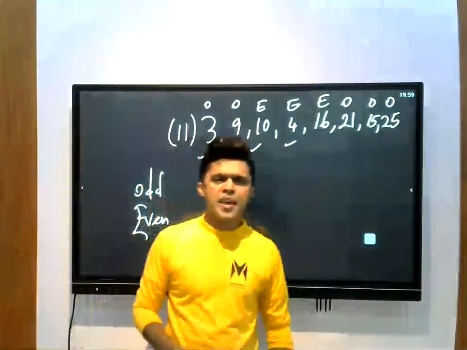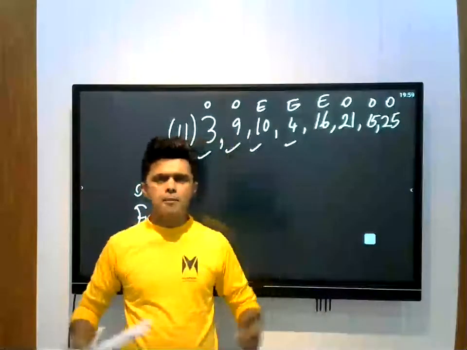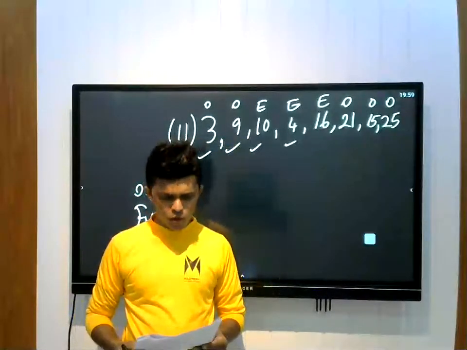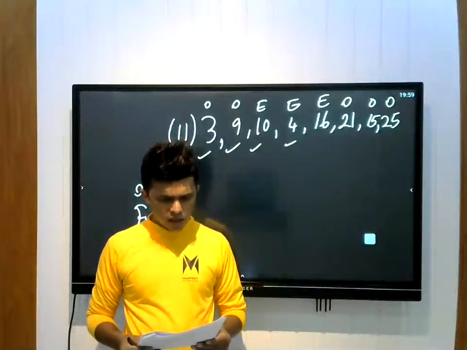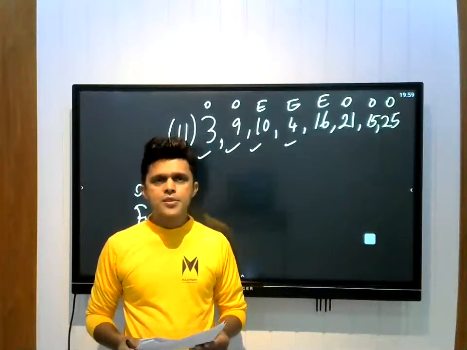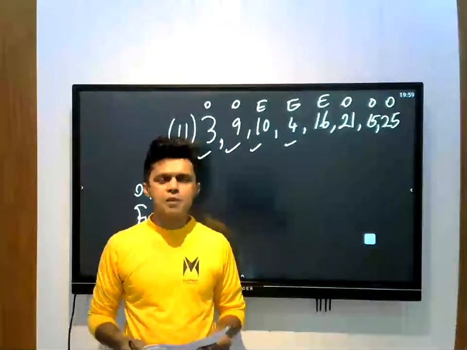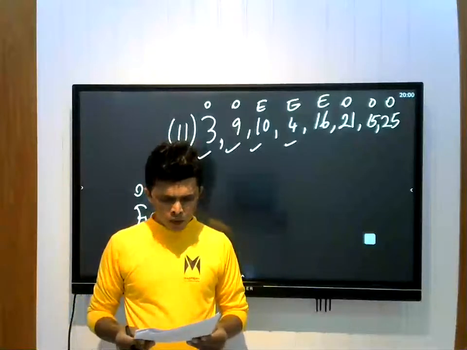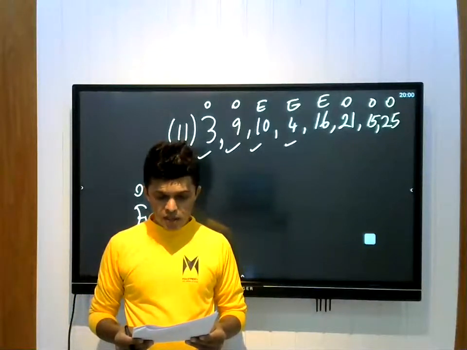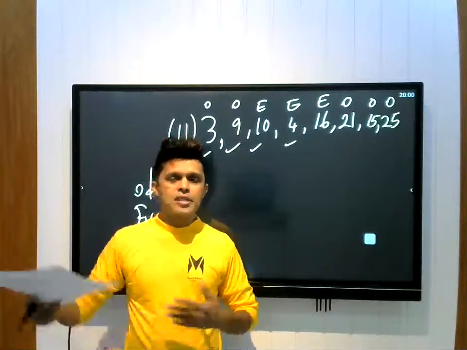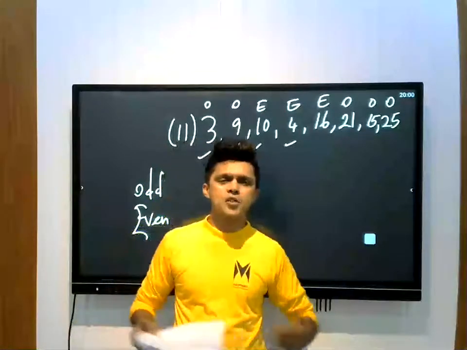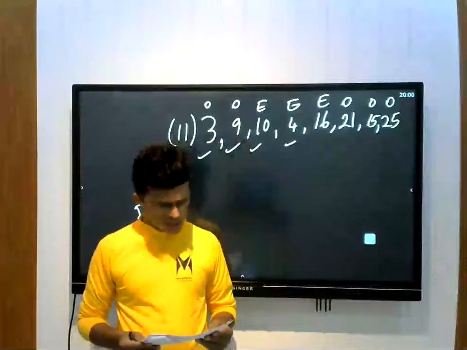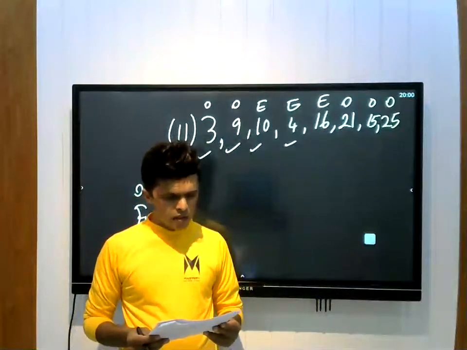So in this way you could group these numbers as odd numbers and even numbers. We cannot tell someone that there is one specific way to group them.